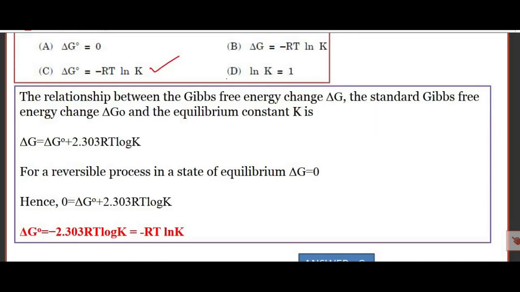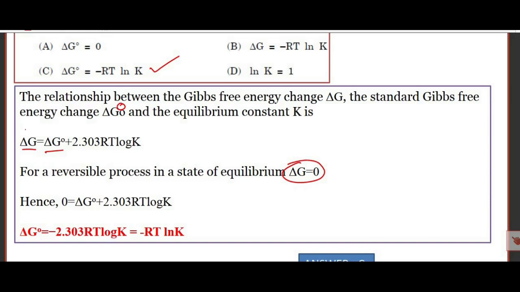Let us consider the relationship. We know that delta G is the change in Gibbs free energy, and delta G naught is the standard free energy. So delta G equal to delta G naught plus 2.303 RT log K. For a reversible process, that is for a state of equilibrium, delta G equals 0 at equilibrium.